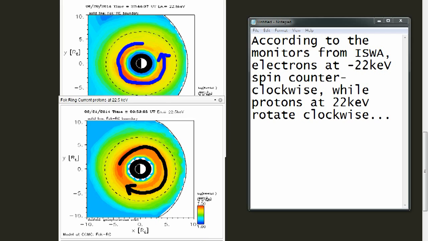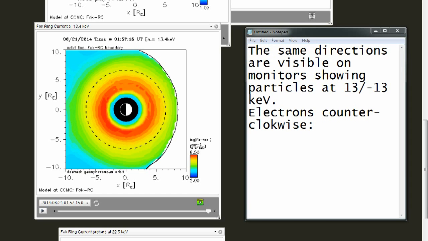According to the monitors from ISWA, electrons at minus 22 kV spin counterclockwise, while protons at 22 kV rotate clockwise. The same directions are visible on monitors showing particles at minus 13 kV.